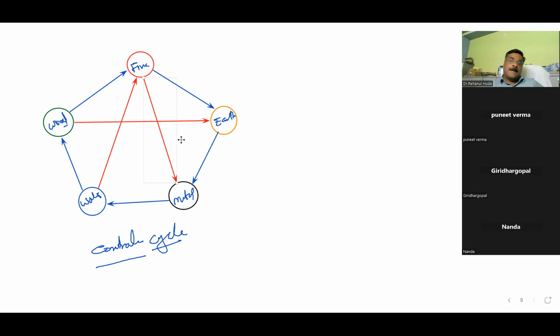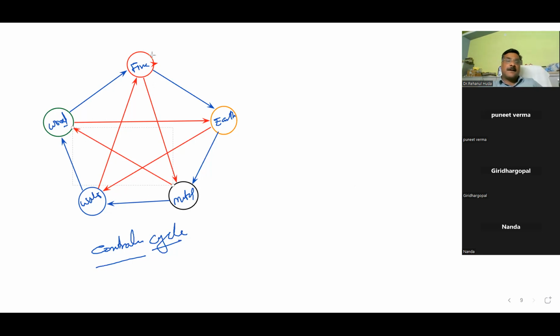If water is more, then earth will control water. If wood is more, then metal will control wood.